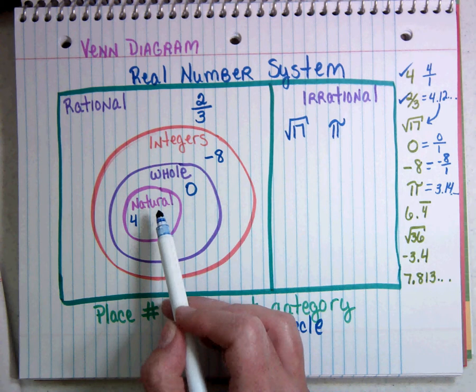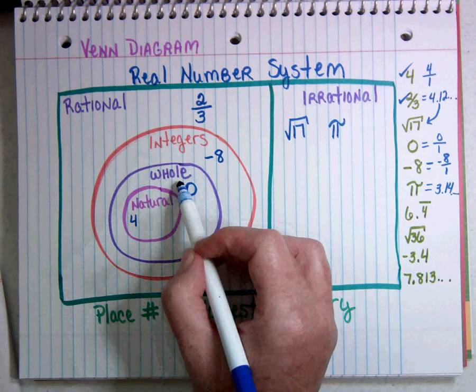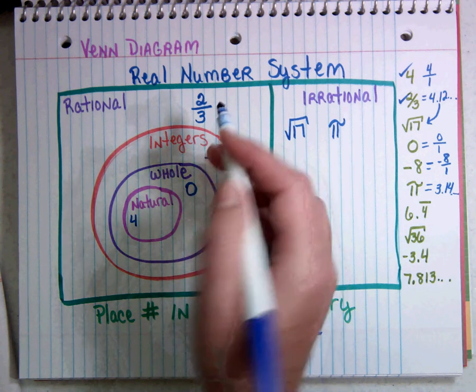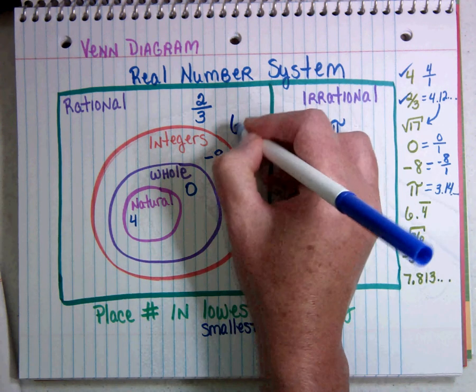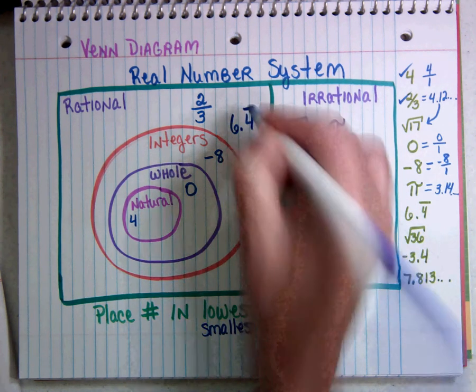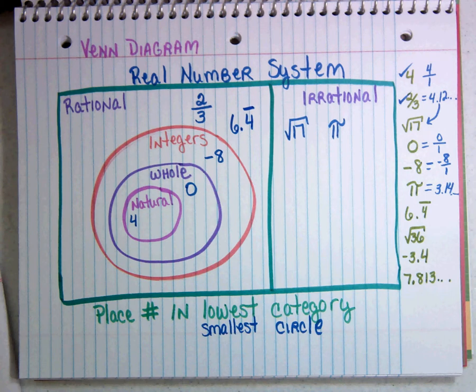Ask yourself, do we naturally count with it? Absolutely not. Is it whole? Absolutely not. Is it an integer? Absolutely not. It's not whole, and it's not its opposite. So 6.4 repeating would just go in the rational box.